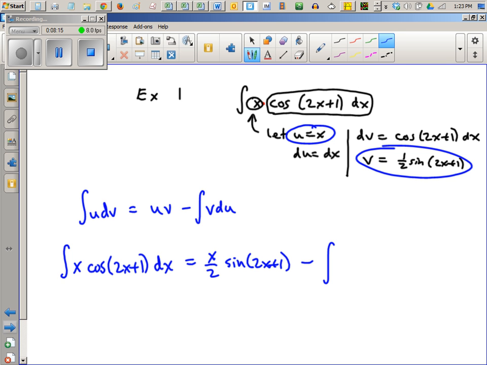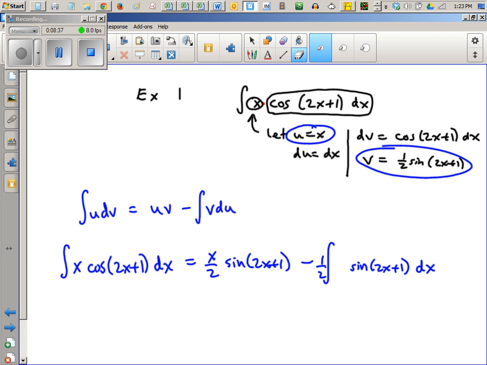When I say that, I mean the integral of v du. So the integral of v du fortunately is just dx, that's nice. And there's a half there. I'm just going to put that in front of my integral. I don't like having the half inside the integral like that.